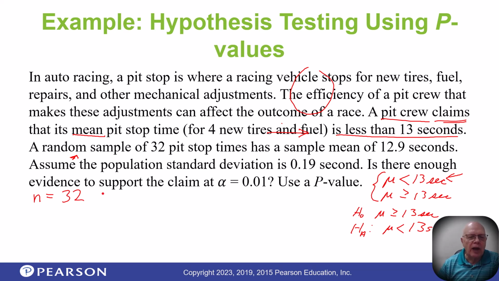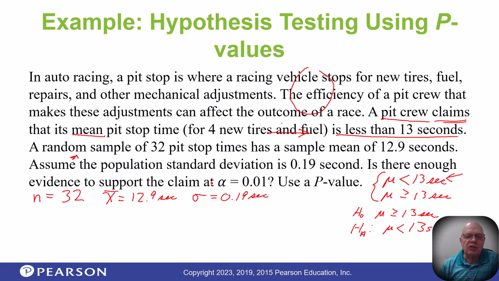And when we do that check, we find that the mean of our sample is 12.9 seconds for the pit stop times. Also, it says the population standard deviation, good, is 0.19 seconds.